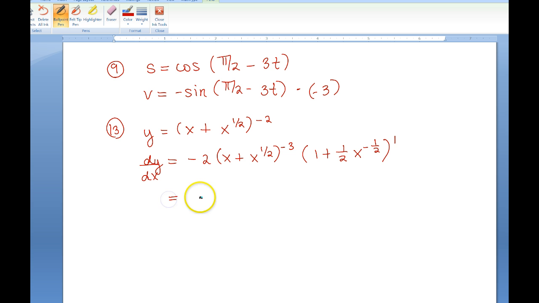So it's going to be a negative 2, and then in parentheses 1 plus 1 over 2 root x, all over x plus x to the 1/2. You could do x to the 1/2 or square root. Yep, because x to the negative 1/2 would be a square root of x in the denominator.